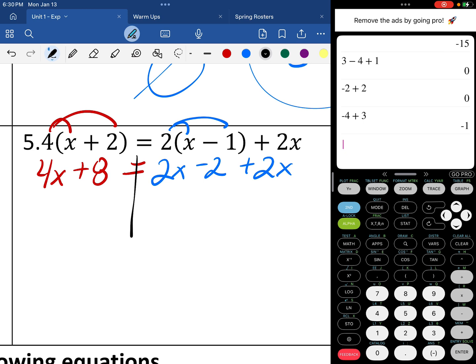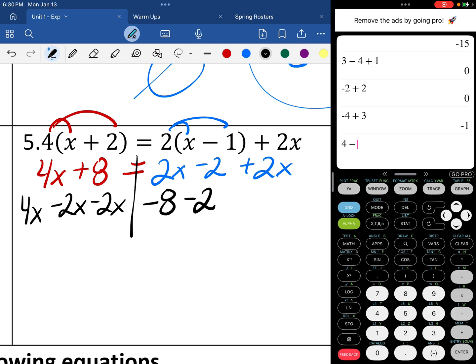We do our split. 4x comes down. 8. It's a positive 8, but he wants to go to the other side, so he's got to change his sign. 2x. He wants to go to the other side, so he's got to change his side. It becomes negative. Negative 2. He just wants to come down. He just wants to hang out. And then I have a positive 2x. He's also going to go over there and change his sign.